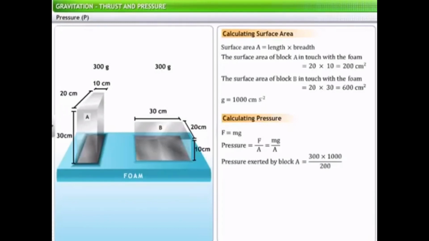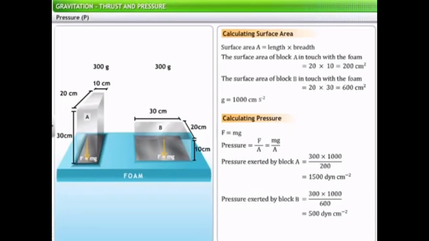The pressure of block A on the foam is 1,500 dyne per centimeter square. The pressure of block B on the foam is 509 per centimeter square.